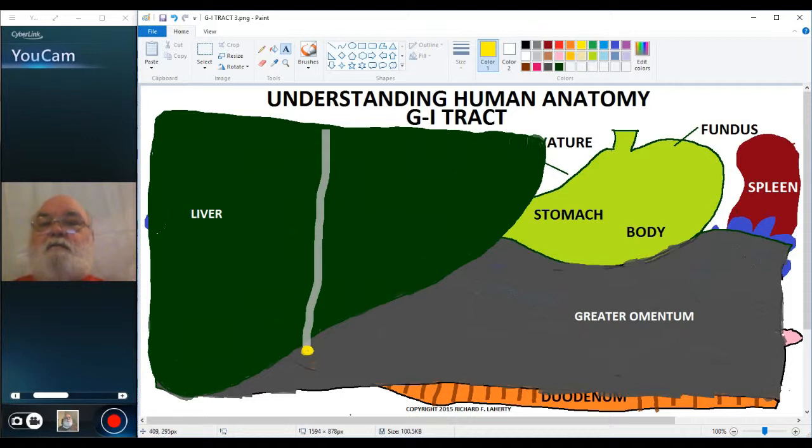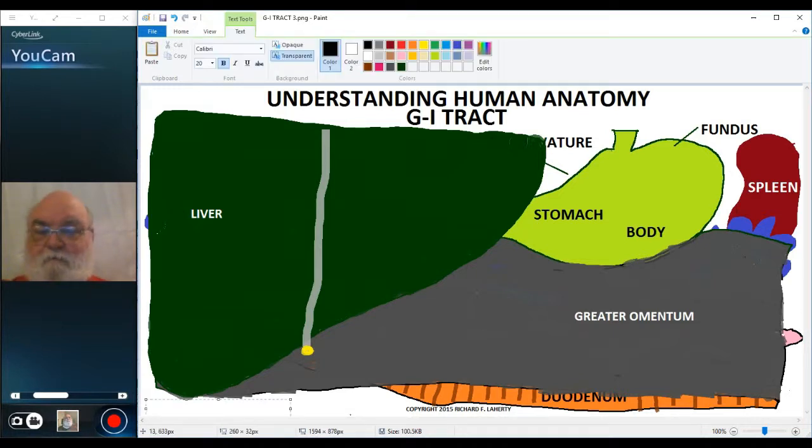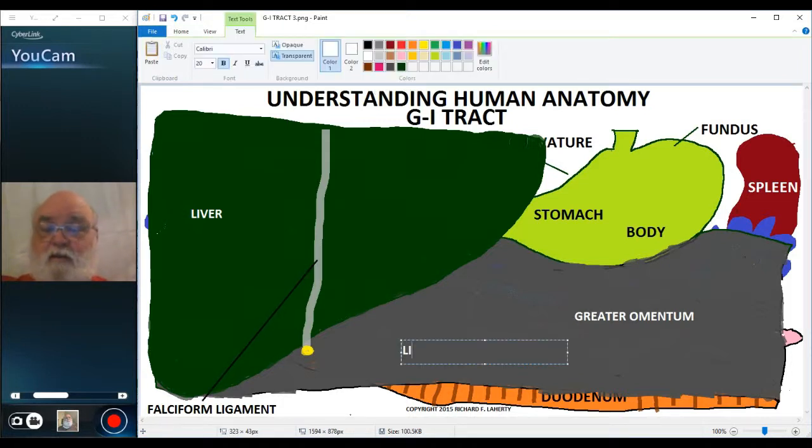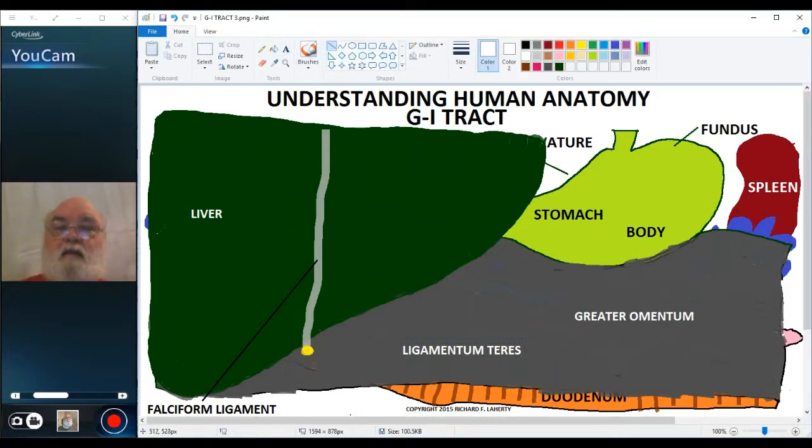So, let me draw in some labels. So, the falciform ligament, the ligamentum teres, on the very inferior border of the falciform ligament.